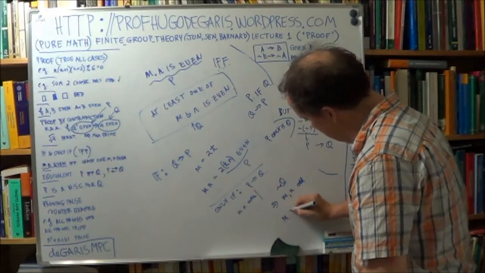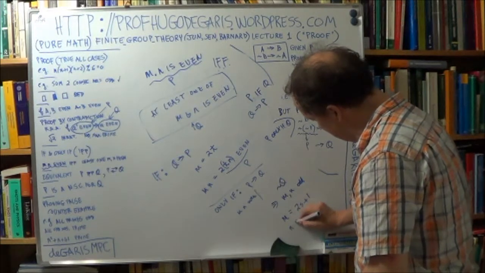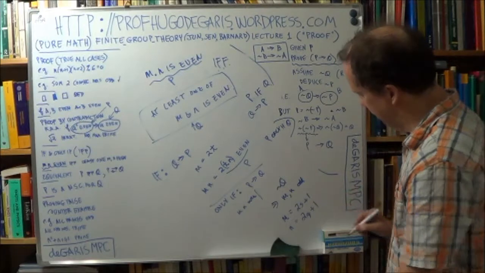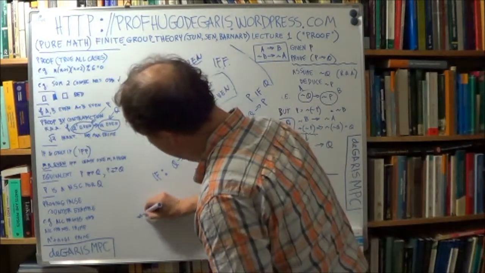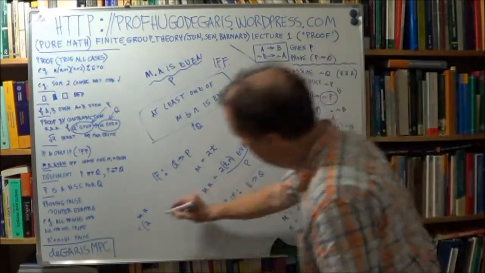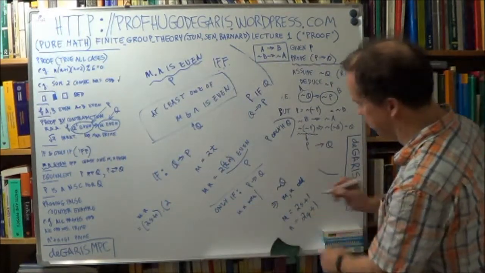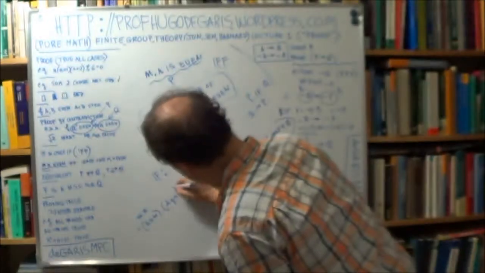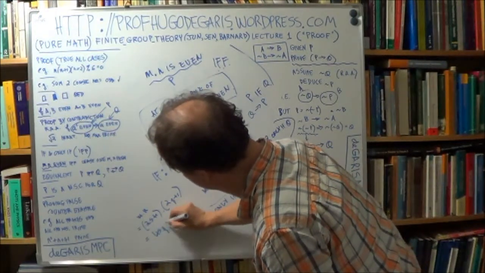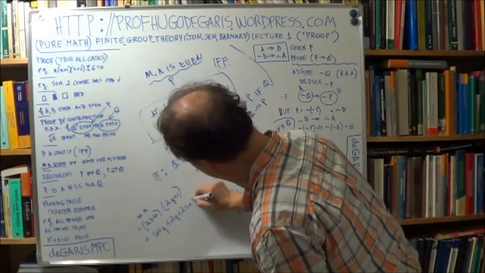So that means m can be written in the form 2s plus 1, and n can be written in the form 2q plus 1, and therefore mn is 2s plus 1 times 2q plus 1, and that's 4sq plus 2q plus 2s plus 1.